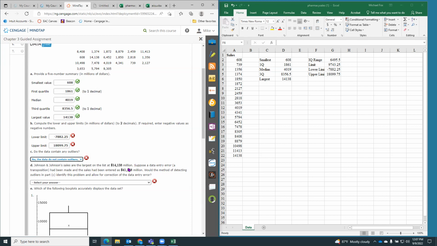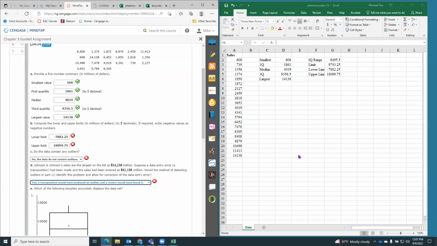So if someone had entered 41,138 instead of 14,138, that would fall way above this upper limit of 18,099. So the answer is yes, if someone had accidentally put it in as 41,138, this method would help us recognize the error. So yes, a transposition would have produced an outlier and a review would have found it.